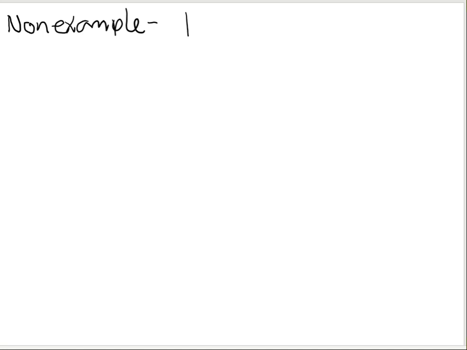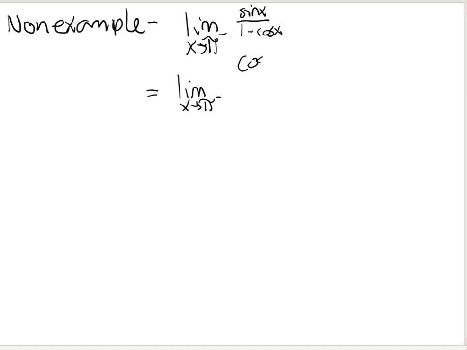If we take the limit as x goes to pi from the left of sine x over 1 minus cosine x. If I just don't look at the indeterminate form and apply L'Hopital's rule, the derivative of sine is cosine, and the derivative of 1 minus cosine is sine, because you have that negative out front.